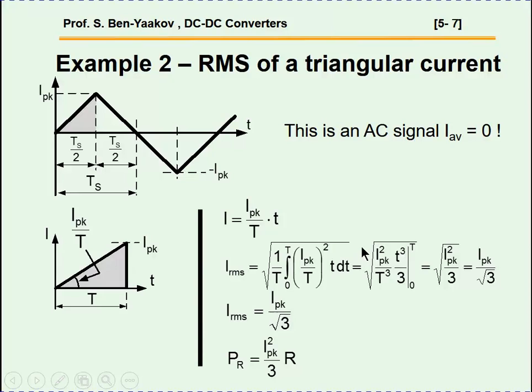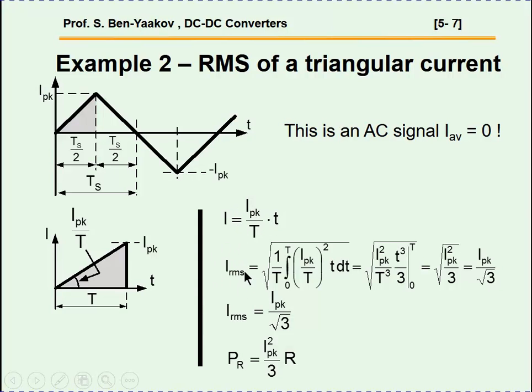Let me move now to a triangular current, a triangular wave shape, which is found in many PWM cases. And let's talk about this first triangle here. I'm going to express this line of current rise as a function of time.